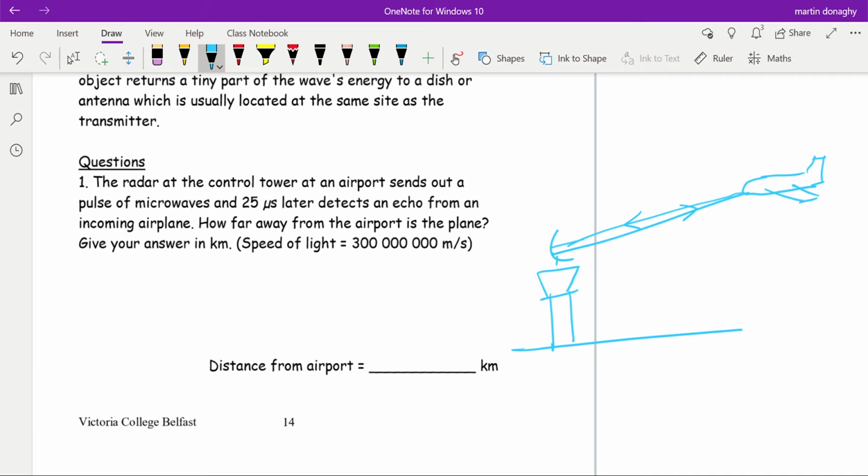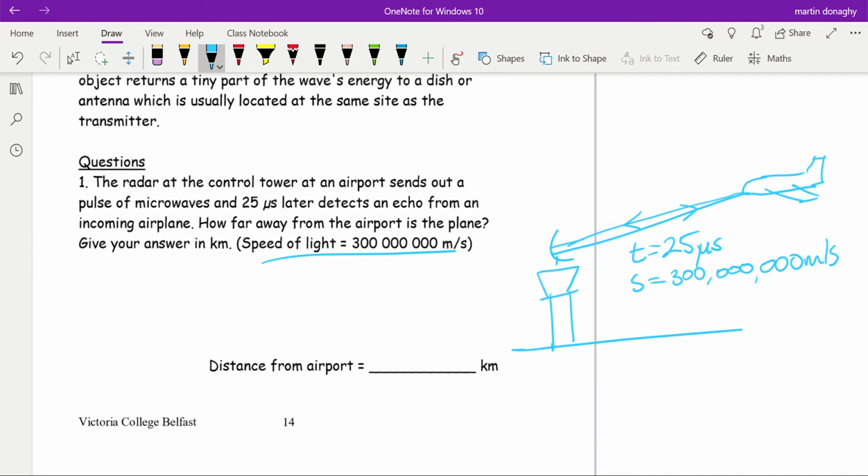We're told that the time that this takes is 25 microseconds. So we say that the speed of light is much larger. If you look here, it says the speed of light is 300 million meters per second.